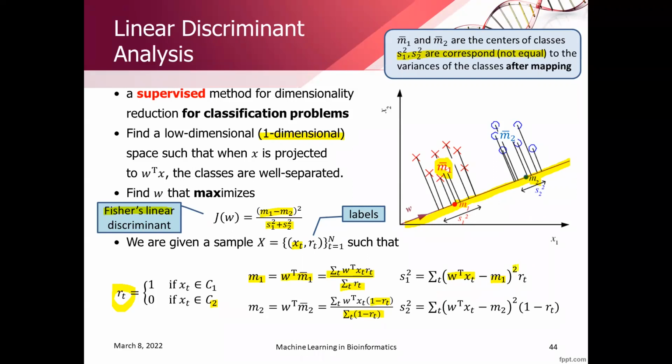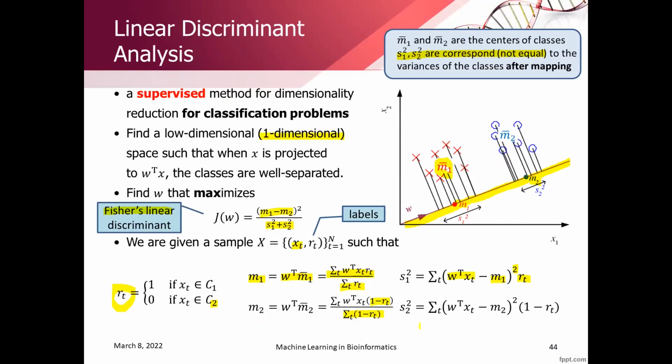This is similar to when we compute variance: we compute the sum of square differences between the observation and the mean. The mean is transformed, this m1, and this is the transformed observation, and we compute the square of that. And we sum them together. Again, we use the labeling r sub t. For the first class, there will be 1 if it belongs to class 1, so we sum the square differences only for observations from class 1.